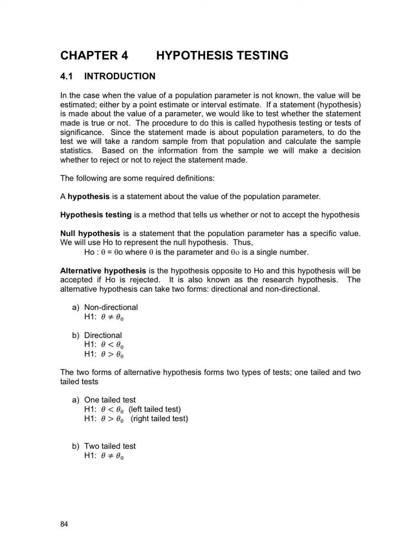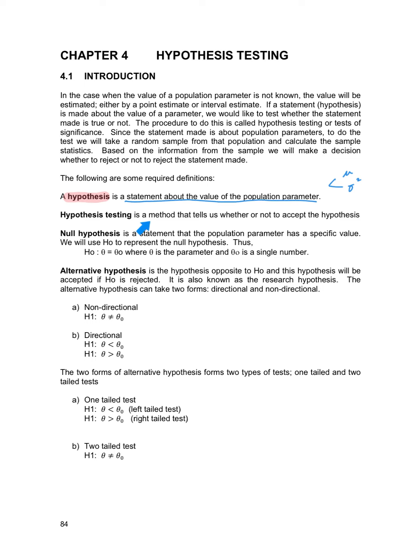Sebelum saya terangkan dengan detail, kita tengok dulu definition dia. So untuk first tadi kita ada regarding the hypothesis. Hypothesis is a statement about the value of the population parameter. So apa yang kita nak test, adakah value mean ataupun variance, adakah untuk mean untuk one population ataupun variance untuk between two populations. The second term is hypothesis testing.